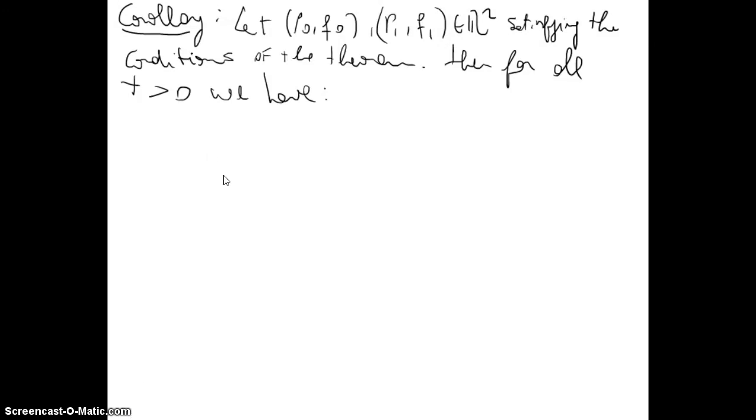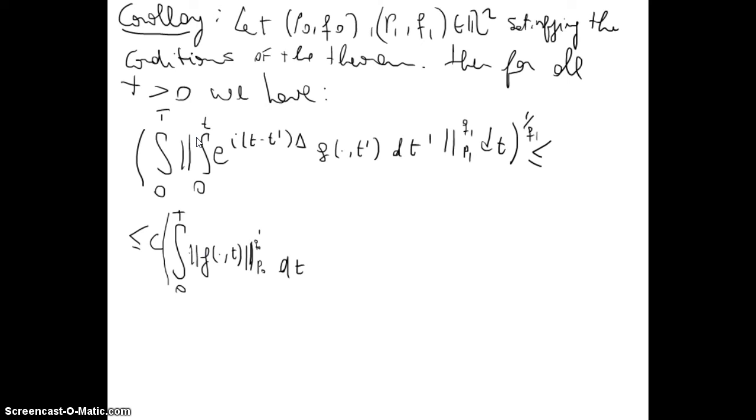Then for all t greater than 0, we have that the integral between 0 and t of e^{i(t-t')Δ} g in L^{q_1} is less than or equal to the integral of g in L^{q_0'} L^{p_0'} dt, to the 1 over q_0 prime, and c depends on n, p_0 and p_1. Okay, so another bound for the operator e^{itΔ} multiplied by function g.